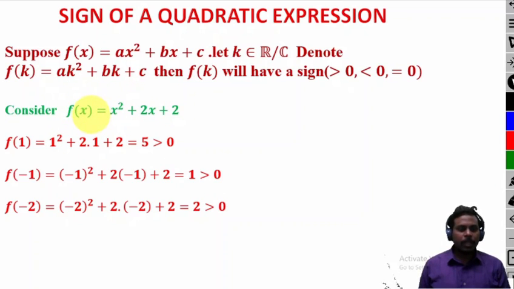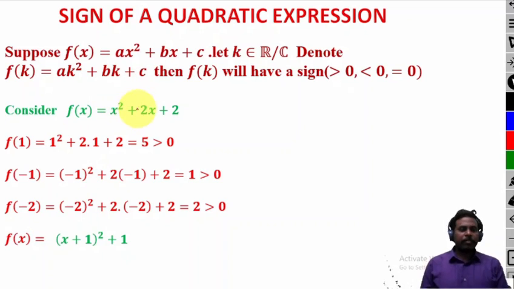Now, let me see. If you observe this f of x, this f of x can be written as x plus 1 whole square plus 1. This is our observation. Maybe this seems to be right.